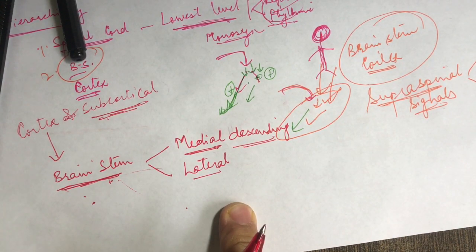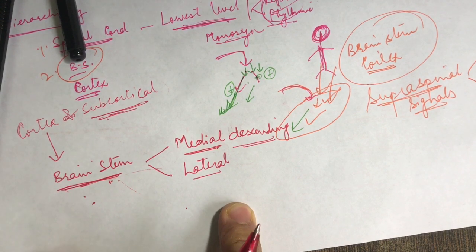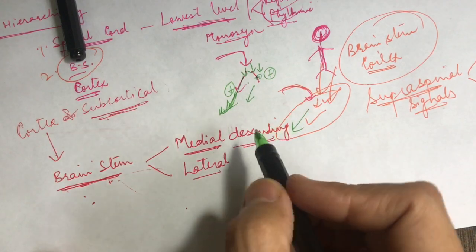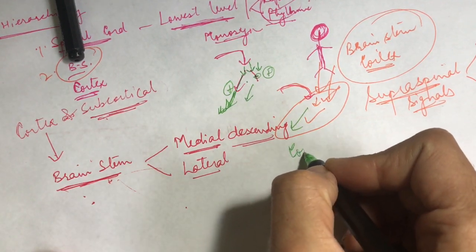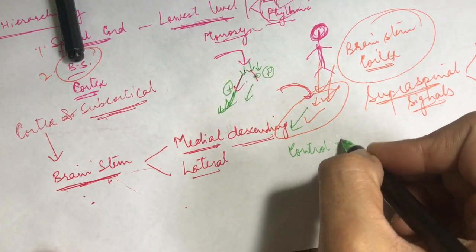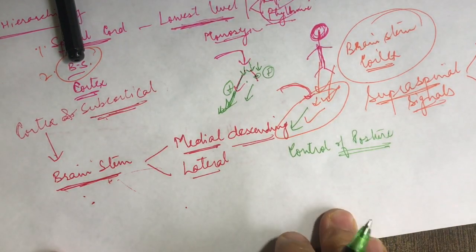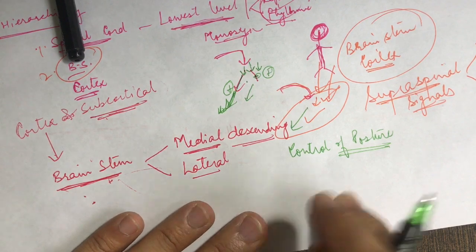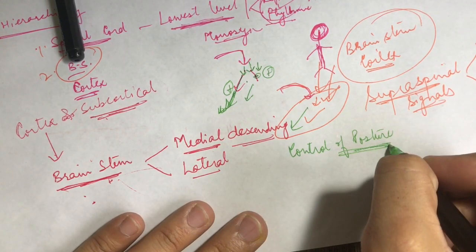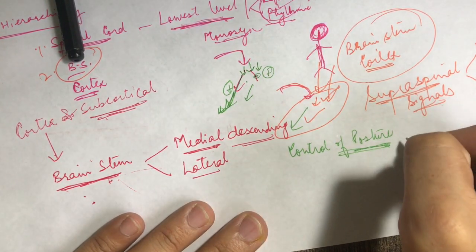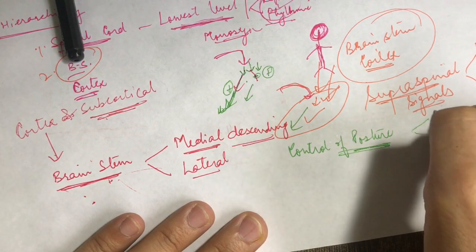Now the medial descending pathway of the brainstem contributes mainly to the control of posture. How will it help in controlling posture? By integrating what kind of sensations?